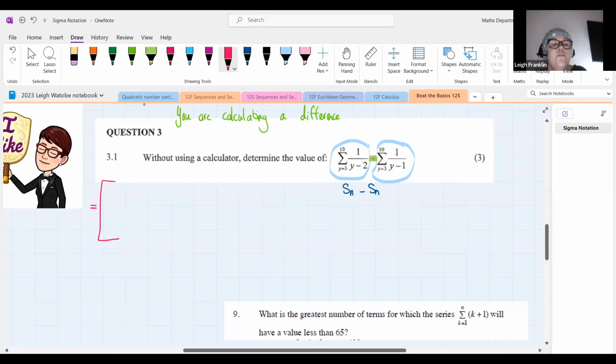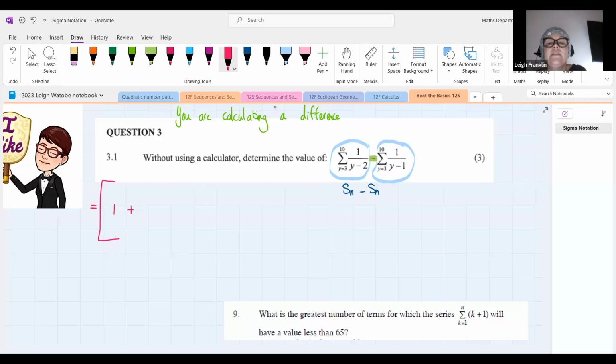The first SN is created when the first number we sub in for y is going to be 3. So 3 minus 2 would be 1. We've got 1/1, which is 1.